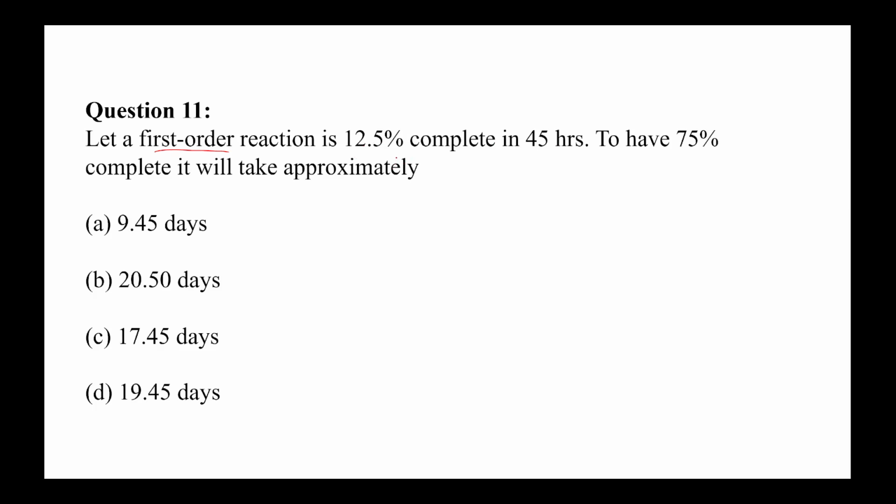In a way, in this statement, they have told you the initial and the final concentration. So let's assume that the initial concentration is 100. That means the final concentration will be 100 minus 12.5, because 12.5% of the reaction is complete. If we start with 100%, 12.5% of the starting material has been converted into product.